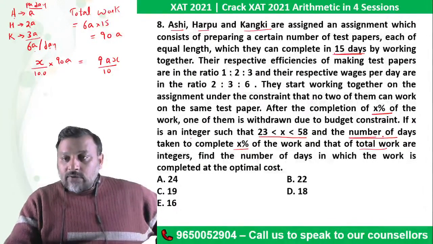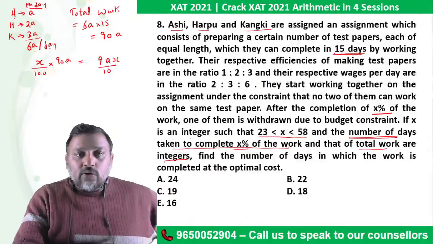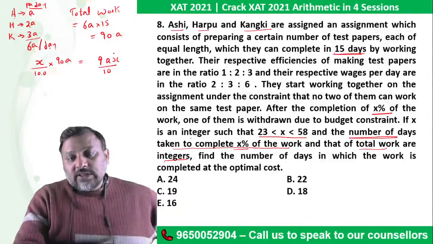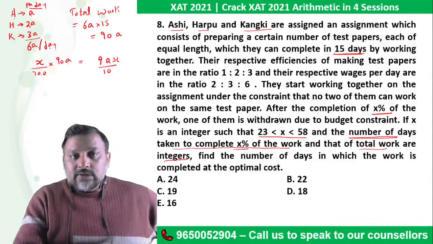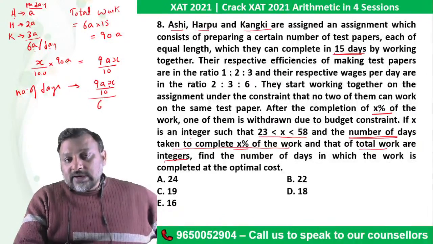So we know in one day 6A work is done. So in how many days would they be able to do this much work? Number of days would be 9AX by 10, this whole thing divided by 6. इतने days ही लगेंगे?